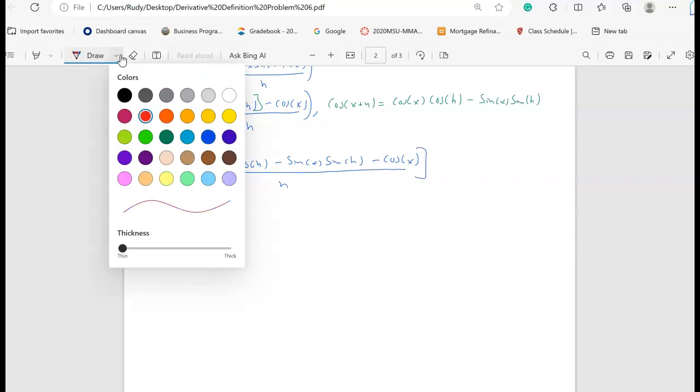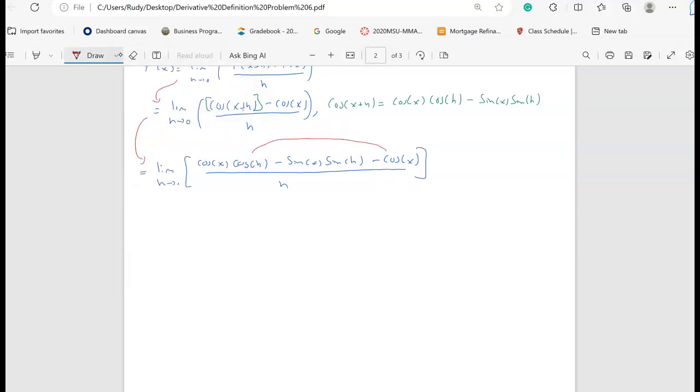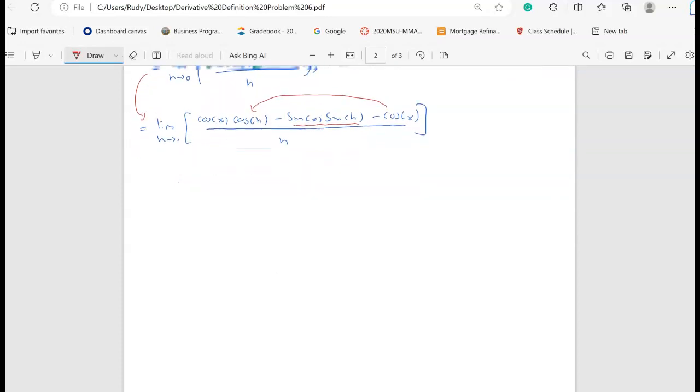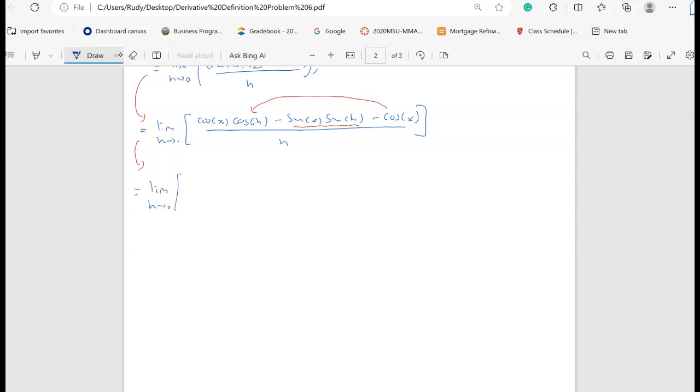Now what I'm going to do is arrange the terms and separate the actual sines. We're going to be using an identity as well, actually two identities. But in this case, let me just rewrite it. This is going to be the limit as h approaches 0 of the cosine of x, cosine of h minus the cosine of x, minus the sine of x and the sine of h, and then all of it over h.